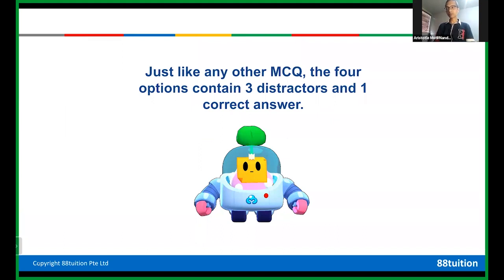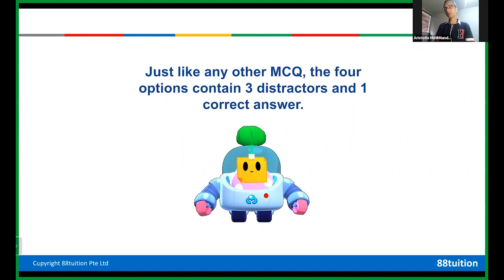Okay, there'll be 4 options and then 1 correct answer. The other 3 options are distractors. Distractors means they are not the correct answer, but they might be close and they might give us a feeling that, oh, that could be the answer, but that might not be the more specific answer that is required.